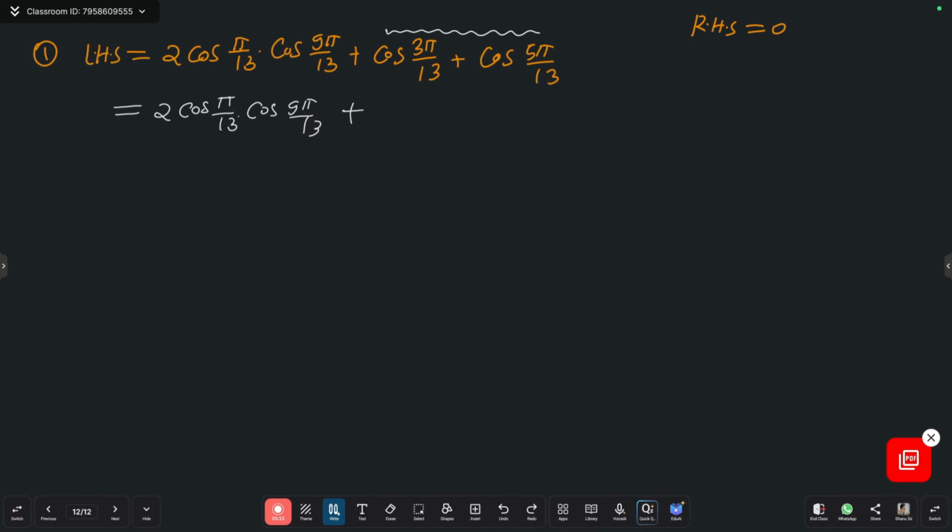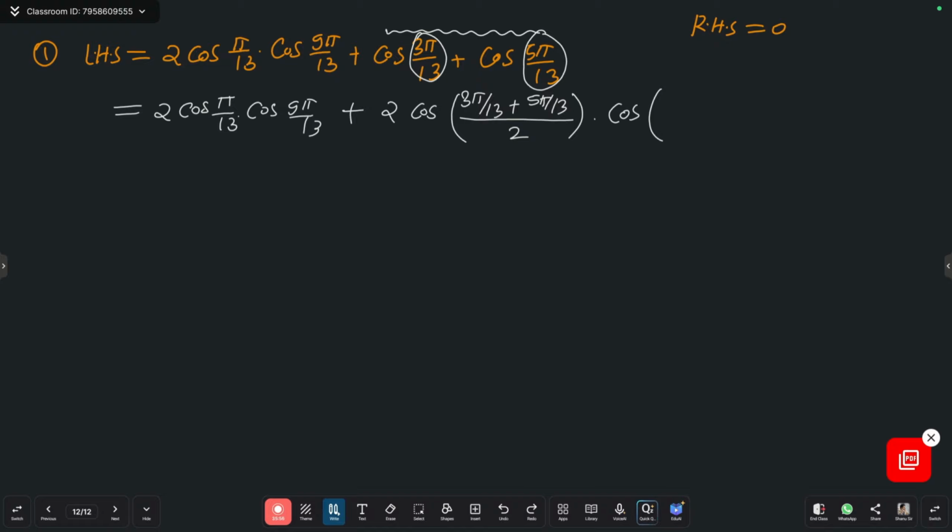Cos c plus cos d is 2 cos of (c plus d) by 2, but c means 3 pi by 13, d means 5 pi by 13. So (3 pi by 13 plus 5 pi by 13) divided by 2, into cos of (c minus d) by 2.